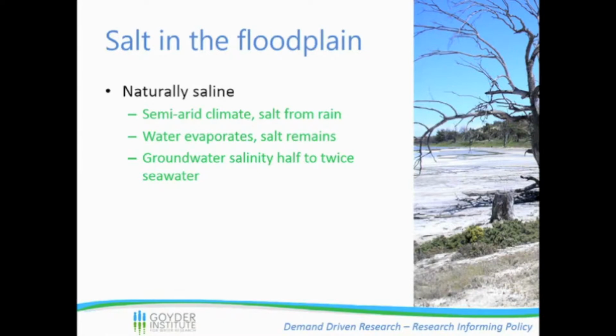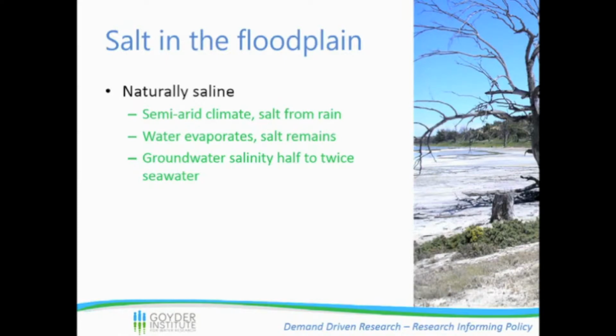Why is salt a problem in the Murray floodplain in South Australia? Well, first up, it is just naturally extremely saline. It's highly unusual around the world. You get a tiny percentage of salt just in the rainfall, and in this semi-arid climate, and it's an almost closed groundwater basin, that means that when some of that water evaporates, the salt gets left behind.